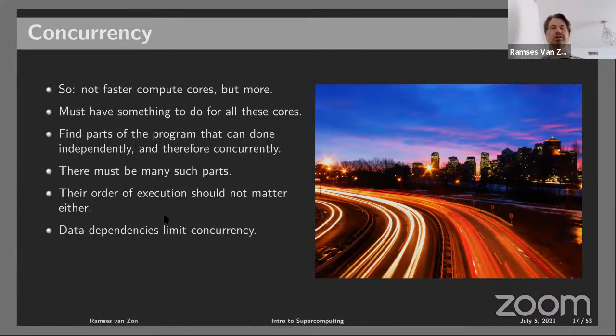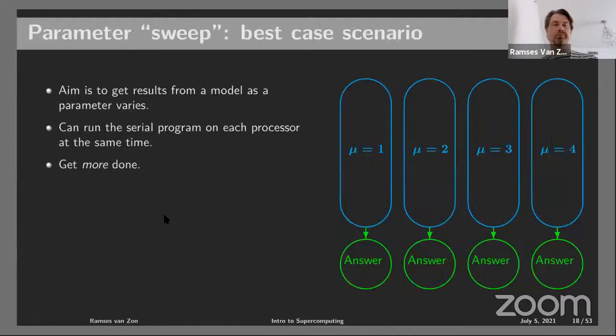A lot of parallel programming consists of figuring out what can be done at the same time, and then expressing that to either a compiler or not in another language, but in a way that the computer can do it. So first figure out what can be done at the same time, and then figure out how to tell it to the computer. Before that, you just have a serial program that the computer knows how to do from top to bottom, but not what can be done at the same time. So that's a serial code.